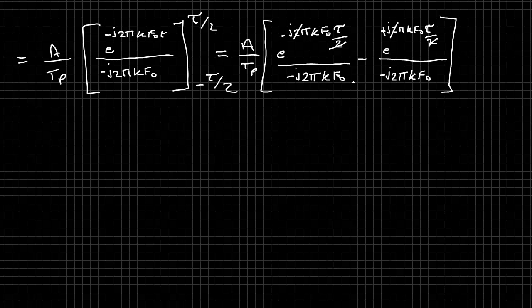Okay. So we should notice that the second term has a minus at the top and the bottom, so we can rearrange things. So we have A over Tp, the period of the waveform, and we should look at taking everything else out as well apart from 2j, so let's do that now.